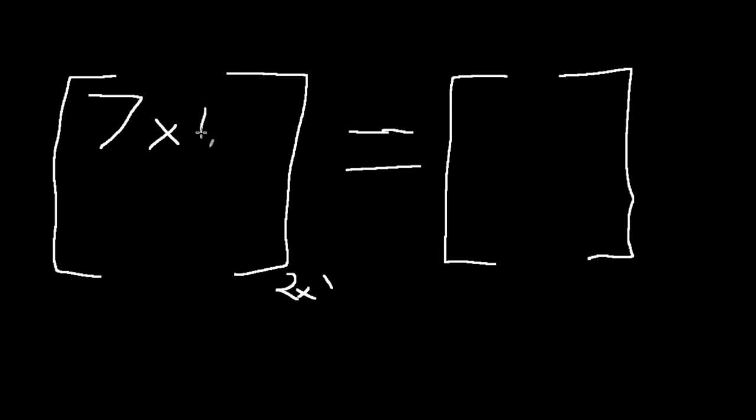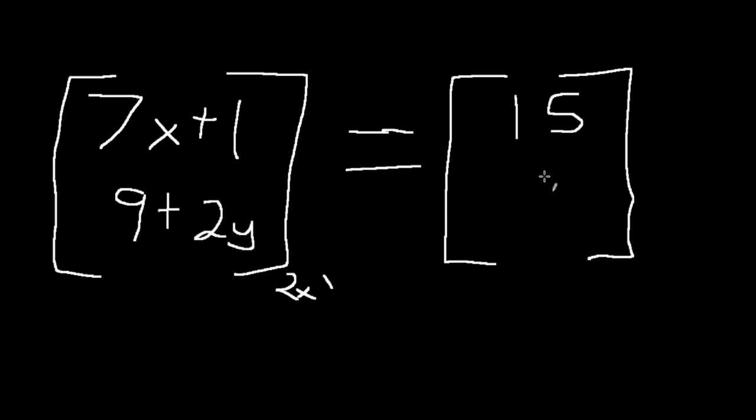Maybe you have 7x plus 1 as this first element here in row 1, column 1. And over here we have 15. And let's put another random thing down here, like 9 plus 2y. And over here maybe we'd have another 15.